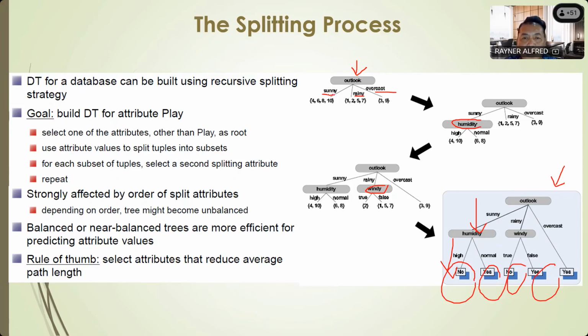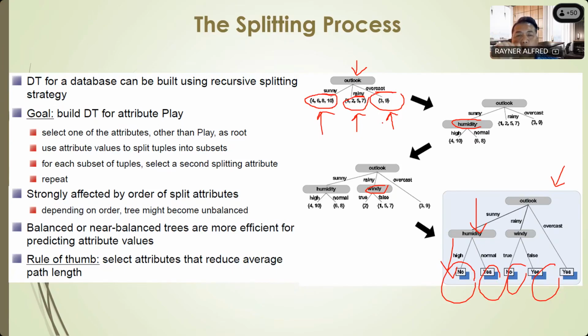For instance, first you split them into sunny, rainy, overcast. Then you want to know what the labels are for all the members here. If all of them belong to the same class, we stop. If not, we split them further.